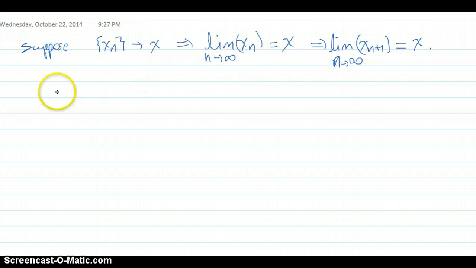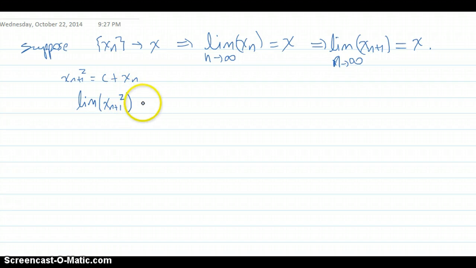What happens here? x_{n+1} squared is C plus x_n. Take the limit of x_{n+1} squared, which is the limit of C plus x_n as n approaches infinity.